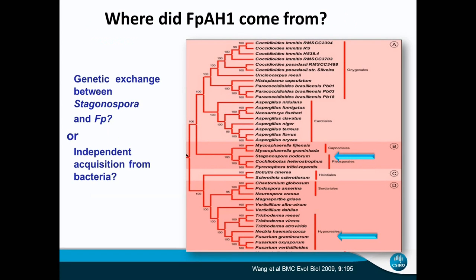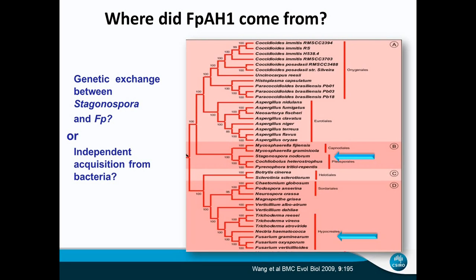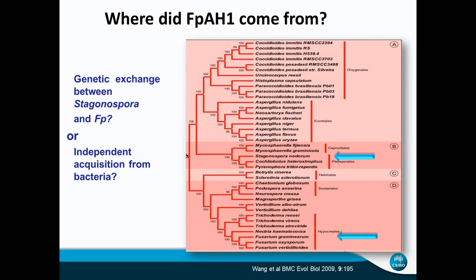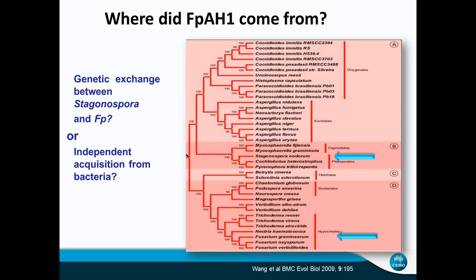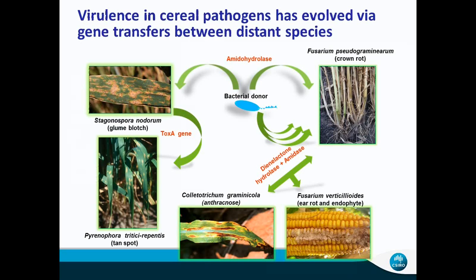As I said, this gene is found only in Stagonospora nodorum and in Fusarium pseudograminearum. These two grass pathogens are separated by a large evolutionary distance, and there is no other sequenced genome that contains this type of gene. Again, this indicates that it may have been transferred from bacterial organisms to these cereal pathogens.